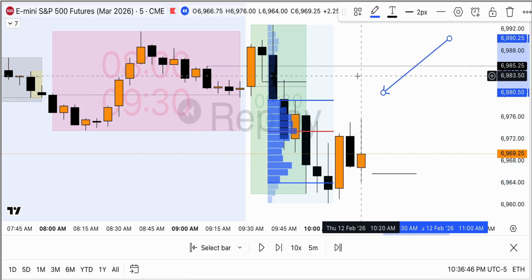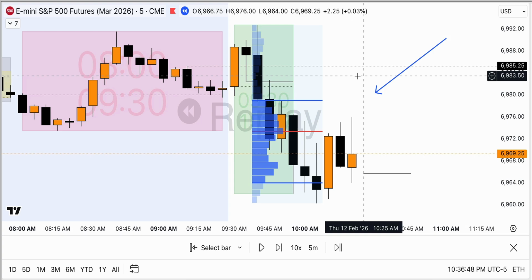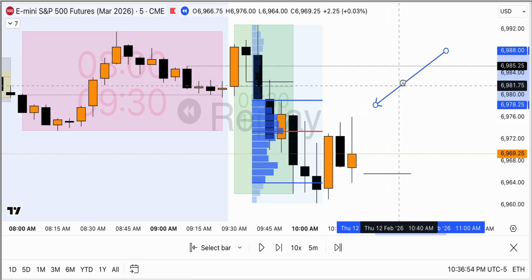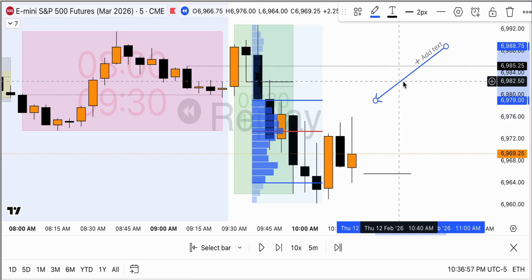Okay, and all I'm going to use is the point of control, nothing else, not the fair value area, just the point of control, this red line, because that's potentially the place with the most activity. Buyers, sellers, who else? Everybody.